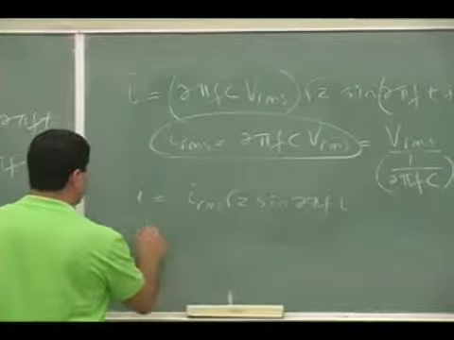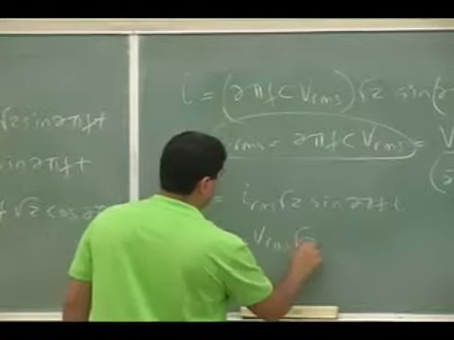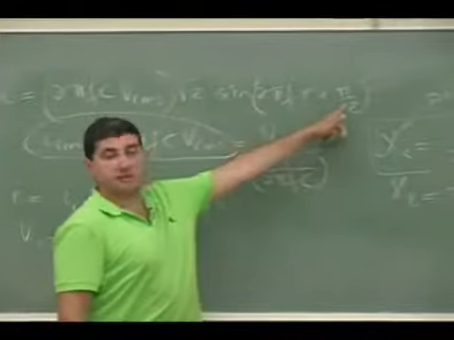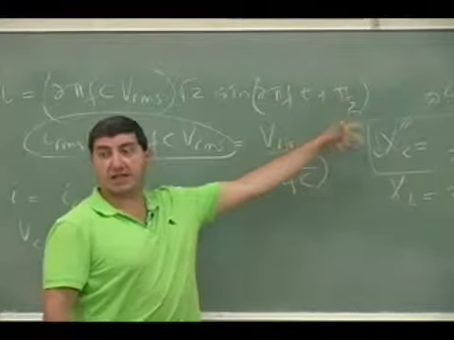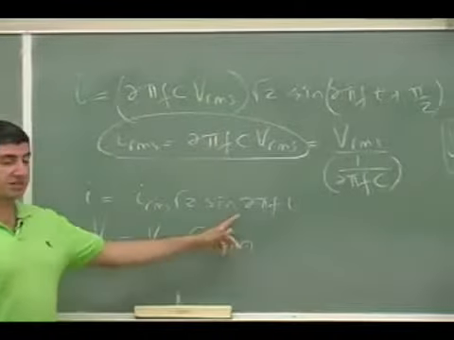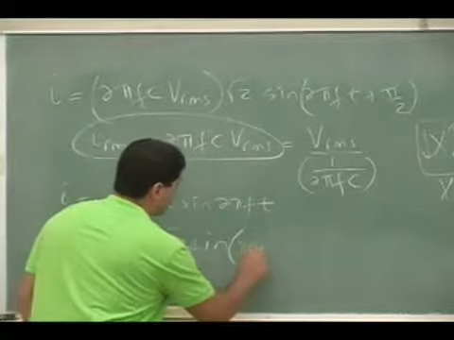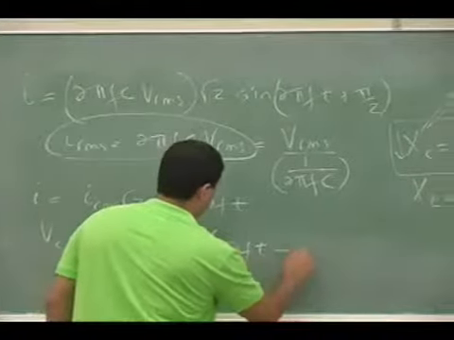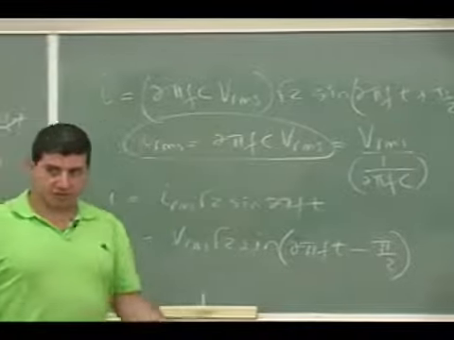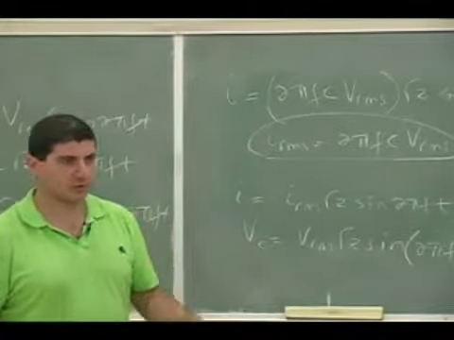And then we would write the voltage of the capacitor as what? Well, let's see. If the current has a plus pi over 2, it's ahead of the voltage of the capacitor. Therefore, if the current's phase angle is 0, the voltage of the capacitor is behind the current in the circuit by pi over 2. So you could say it either way.